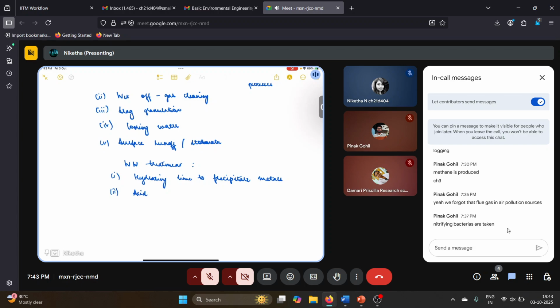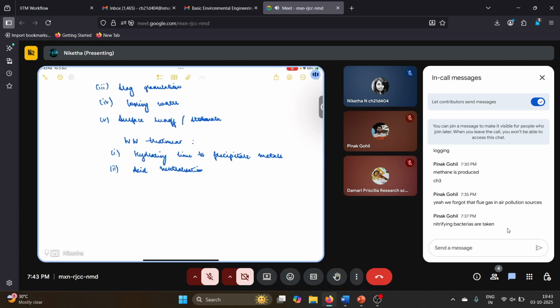Then the acid needs to be neutralized. And heavy metals like arsenic, they can be co-precipitated with iron 3 oxide or Fe3O4.